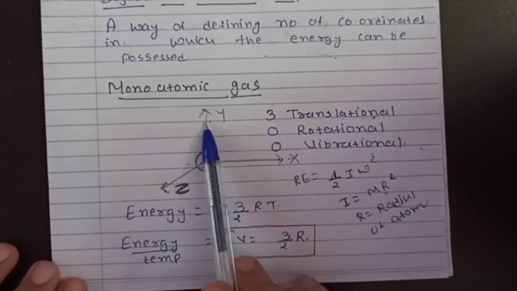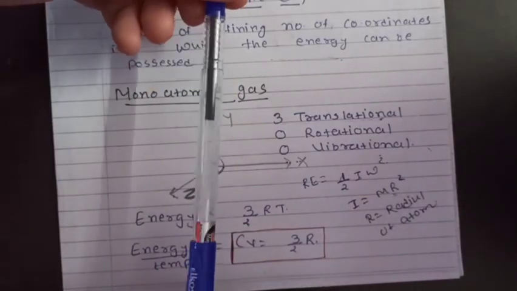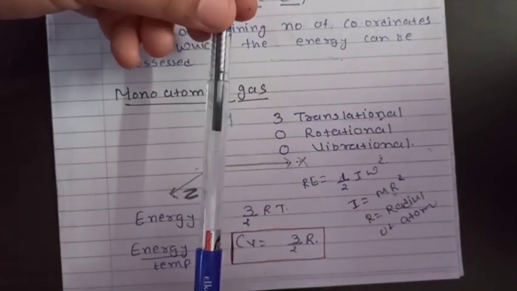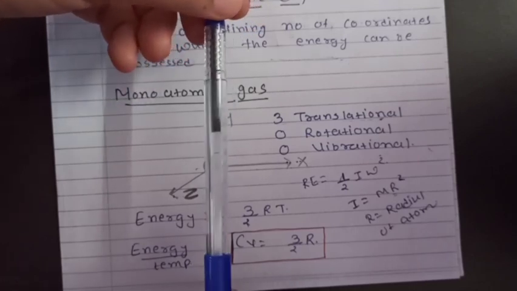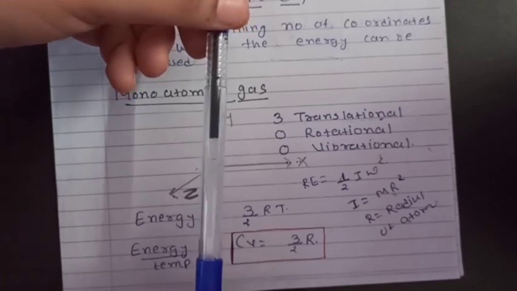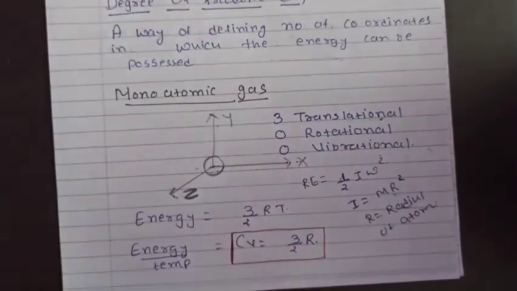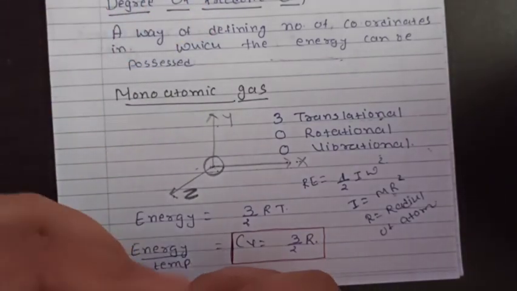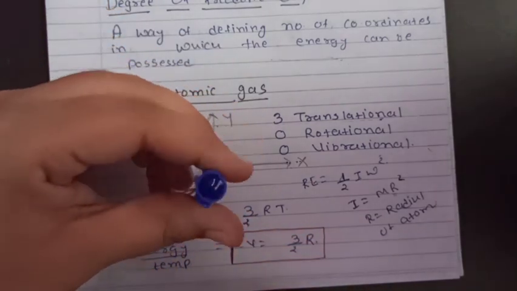In the same way, if it is rotating about the y-axis, then again rotation will be in this way. Again the distance is very negligible, so the rotational energy related is also negligible. So along the y-axis also degree of freedom is not considered. Now if it is rotating about the z-axis, which is in the upward direction, it will be rotating in this way.